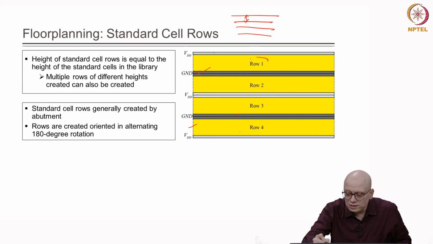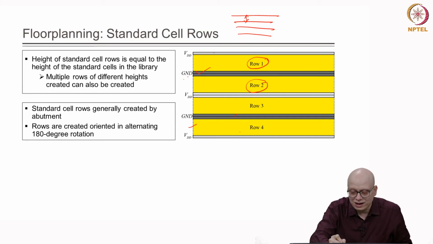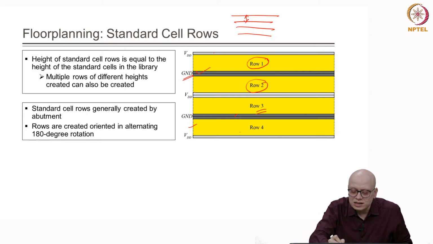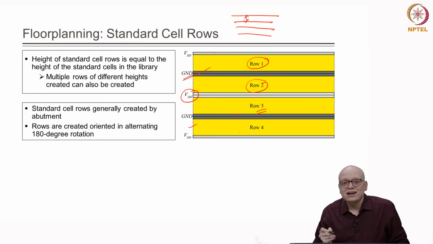So, row 1 and row 2 both share the ground line, and row 2 and row 3 share the VDD line, and so on, and therefore, we are saving routing resources.